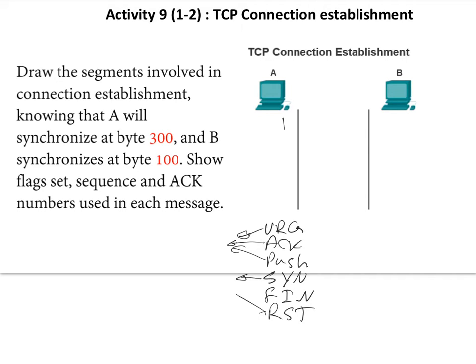So A has a buffer, and it receives the information from the application and puts it in this buffer, and then it does the segmentation to put some segments in this buffer, and then it starts from any arbitrary number. In that example, A will start from 300. Okay?